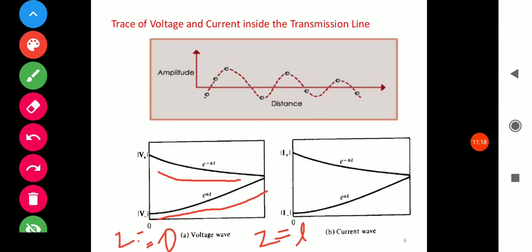Similarly, V minus has its highest value at the receiving side, and when it travels in the negative z direction, its value decreases. The same is applicable for I plus and I minus. I plus is decreasing towards the receiving side, and I minus towards the generator or sending side.